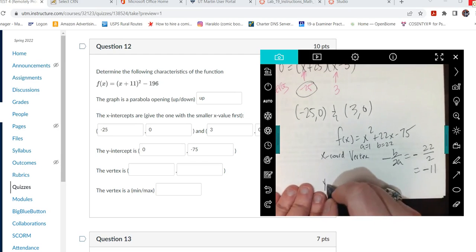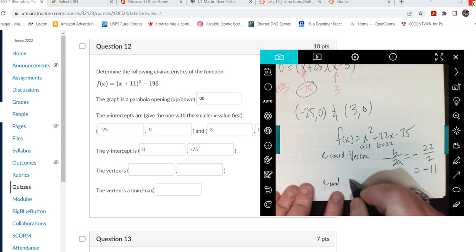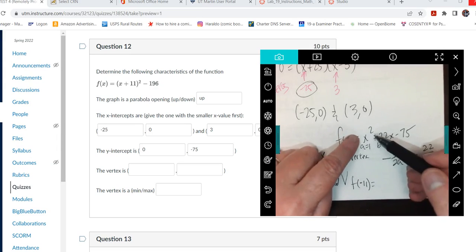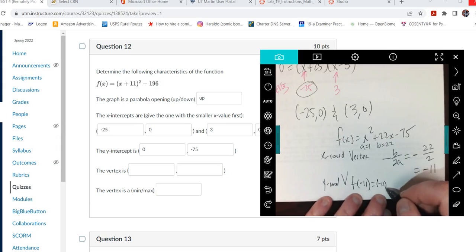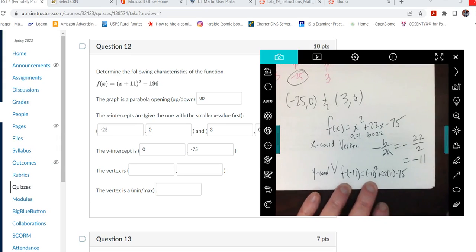The y-coordinate of my vertex is going to be f evaluated at the x-coordinate. And I'm going to plug negative 11 in there. So I'm going to put that in my calculator.